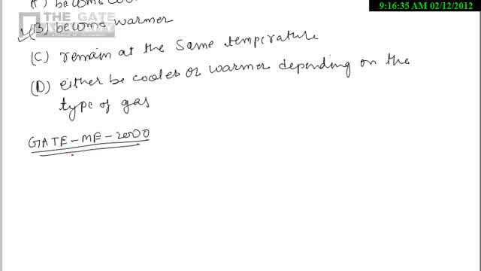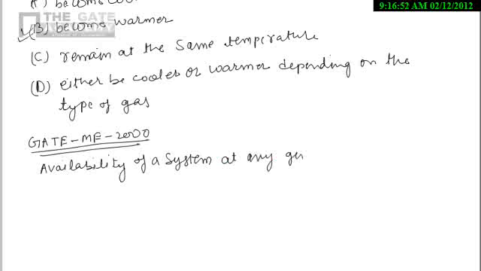Availability of a system at any given state is: A, a property of the system.